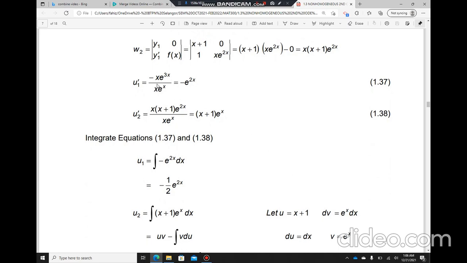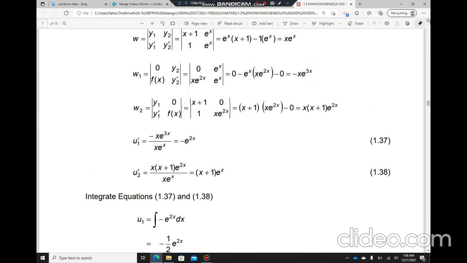Okay, u1 prime formula dia W1 over W. So kita carilah W1, yang ni W1 negative x e^3x and then divide by x e^x. So after we simplify, we get negative e^2x and then same with u2 prime. Okay, W2 divide by W, so dapat (x plus 1) e^x.